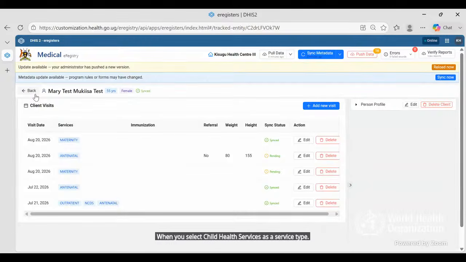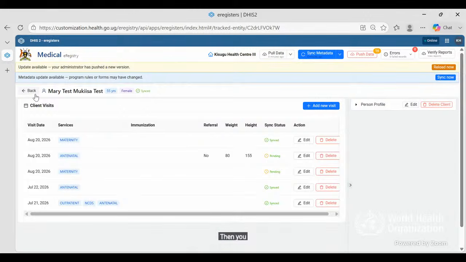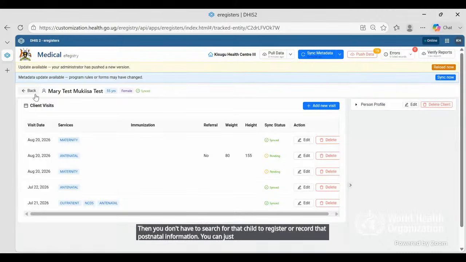So either works, but we want to ease the workflow for our healthcare workers. If you're seeing the mother and they are there with their child, then you don't have to search for the child to register or record the postnatal information. You can just go ahead and click on the child below the mother's information and you add postnatal and you give them.